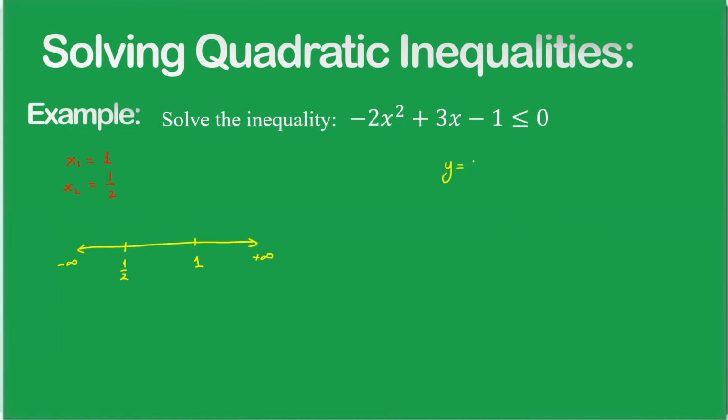Now let's remember this one. If you think of this one like a quadratic function, minus 2x squared plus 3x minus 1, here a is less than 0, as you see. So the arms of the parabola open down like this. It is a sad graph. Remember, this one is a sad graph.